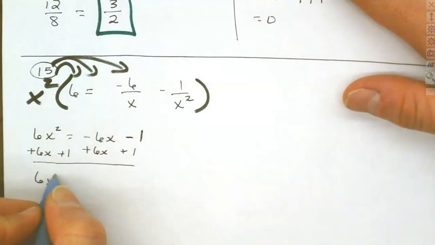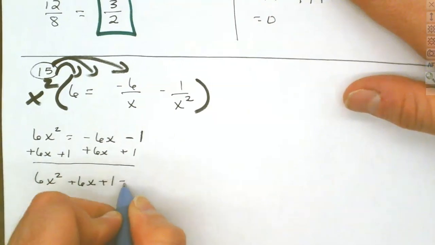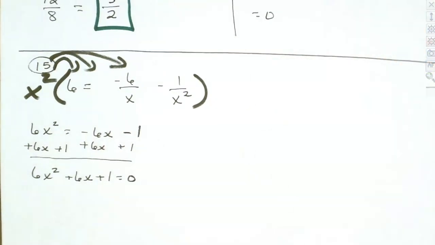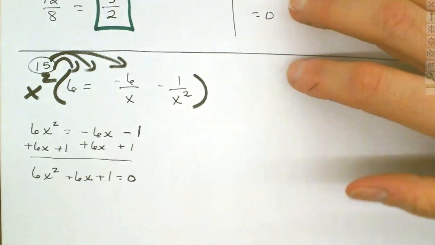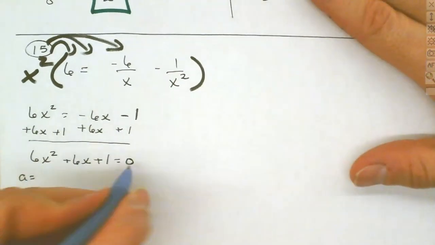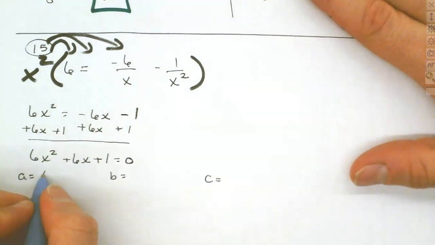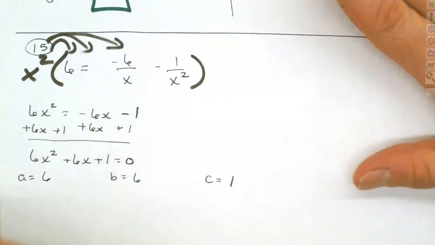And now we have 6x squared plus 6x plus 1 equals 0. Let's go ahead and get our A, our B, and our C. So 6, 6, and 1 it looks like.